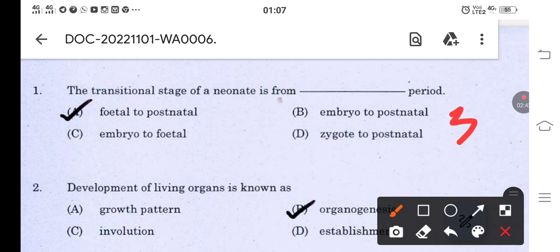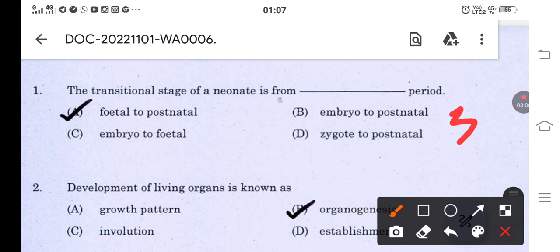So that is the 280th day. In common terms we call it the due date, but medically it is known as the estimated date of confinement. We call that EDC.